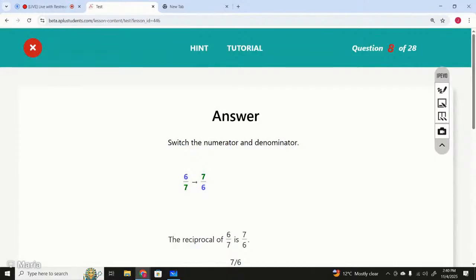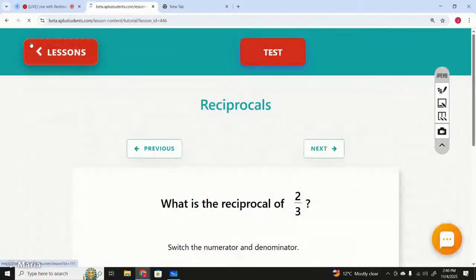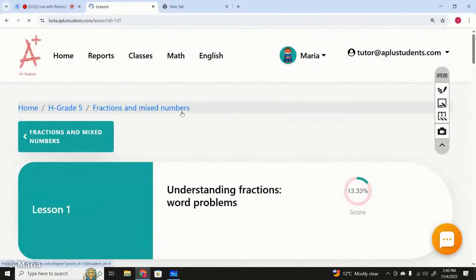So we were working on grade 5 math. The chapter we were working on is fractions and mixed numbers.